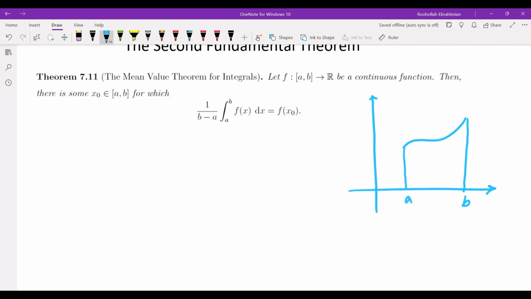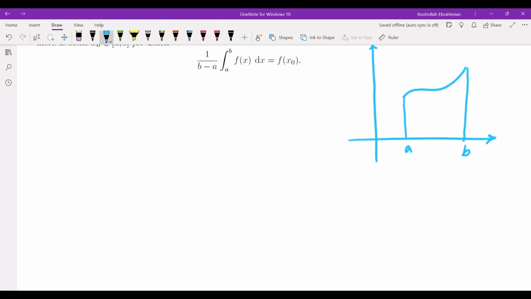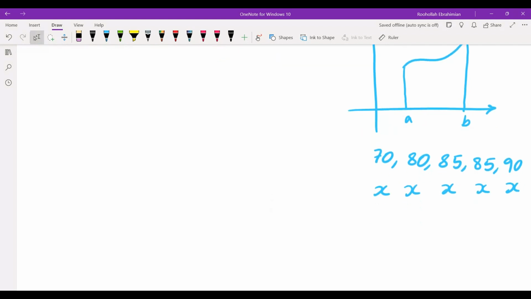Let's say you look at a class and the class scores are 70, 80, 85, 85, and 90. And the question is, what's the average score in this class? It is a number such that if you replace all of these scores by that same number, then the total score would not be different.